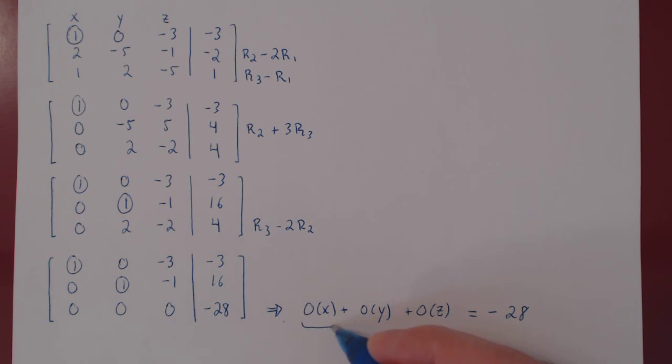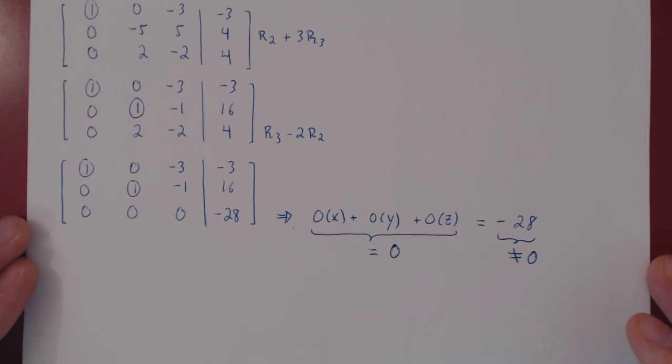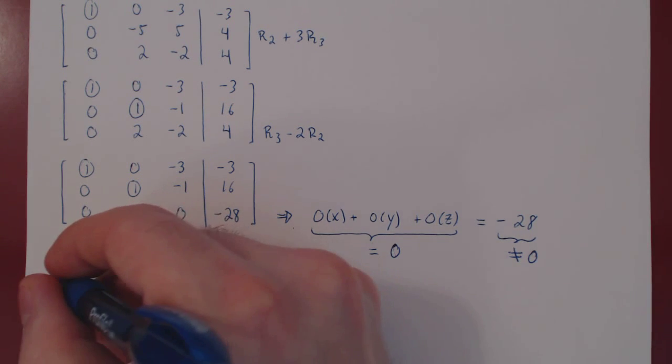So for any choice of x, y, and z, the left-hand side of the equality is 0, but negative 28 is not 0. So the equation has no solution. No matter which real values you choose for x, y, and z, you will have to satisfy the equation 0 equaling negative 28. This is impossible, and so the linear system cannot be solved, therefore it has no solution.